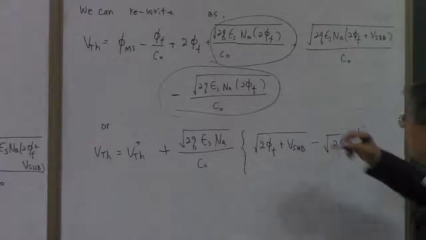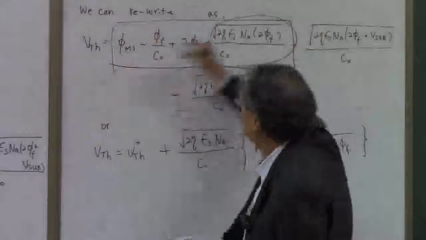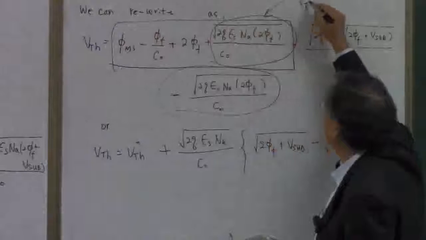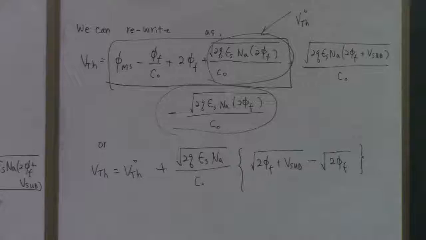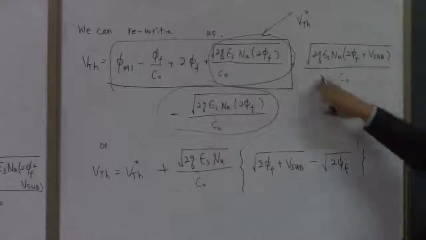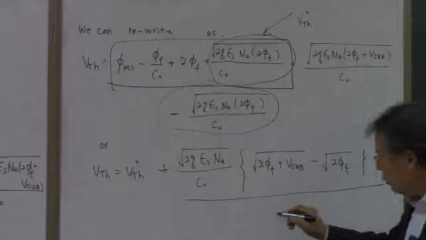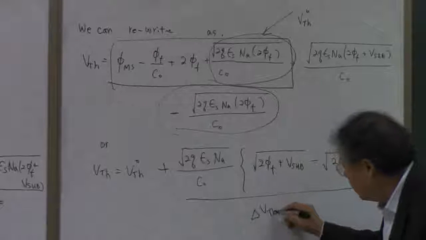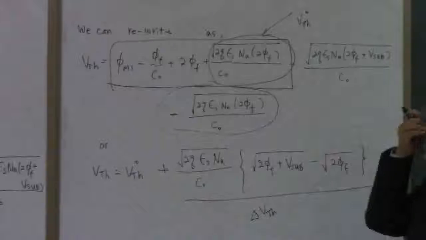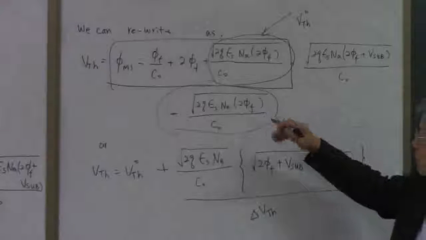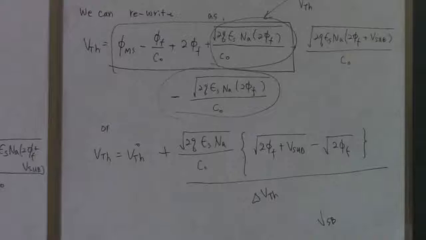So obviously this part up to here we set as the threshold voltage VTH naught, right? And then we factor out this term like this, and then we want to call this delta VTH. So this is the part coming from the substrate bias V sub SB, right?